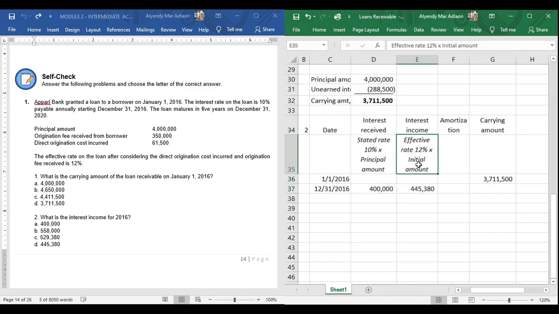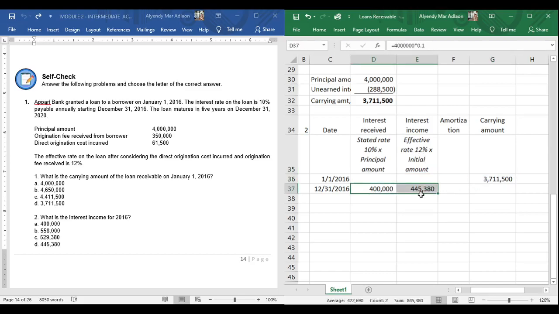But on our part, take note, substance over form applies in accounting. So, we consider the origination fee and direct origination cost to come up with the amount of 3,711,500. From our perspective as the entity, this is the carrying amount of the loan. So, in computing for the interest income, that would be 12% multiplied by the carrying amount.